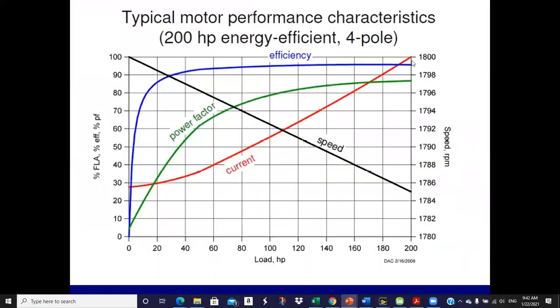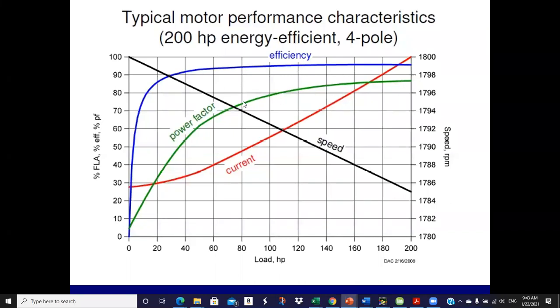Okay, a little bit on motor performance characteristics. This is for a 200 horsepower 4-pole motor, synchronous speed 1800, full load operating speed 1785. And we can see as we unload the motor, we get a pretty linear increase in speed up to the unload point. 200 horse at 40 horse, that's 20%, down to 20%. Efficiency is pretty flat. We lose a little bit in motor efficiency, but not much.